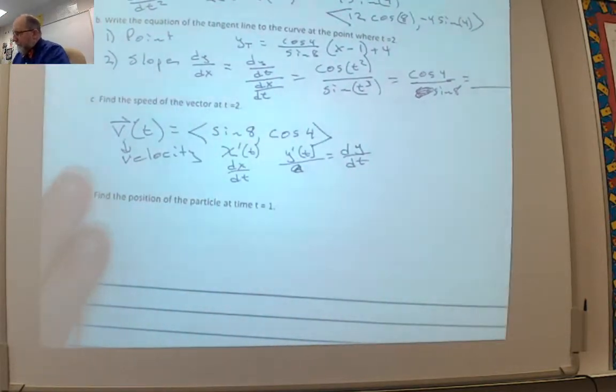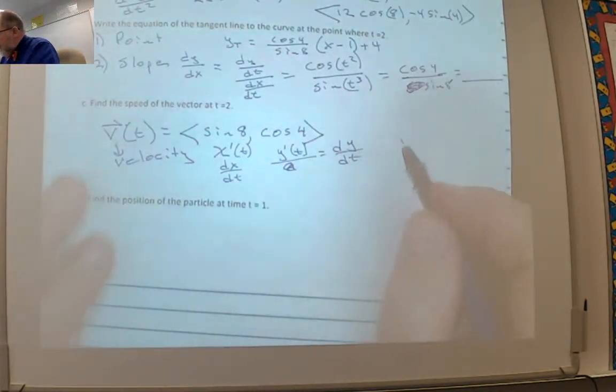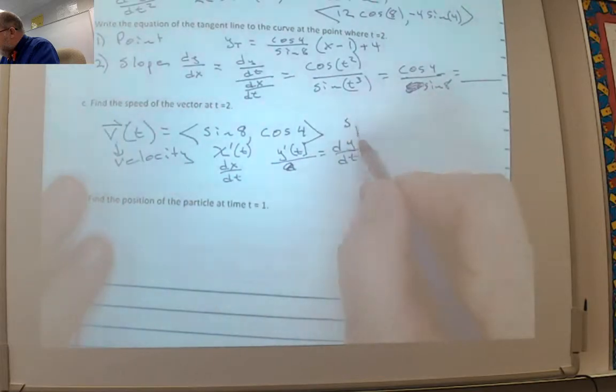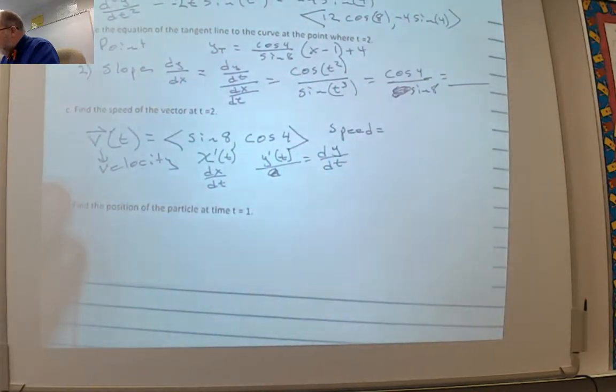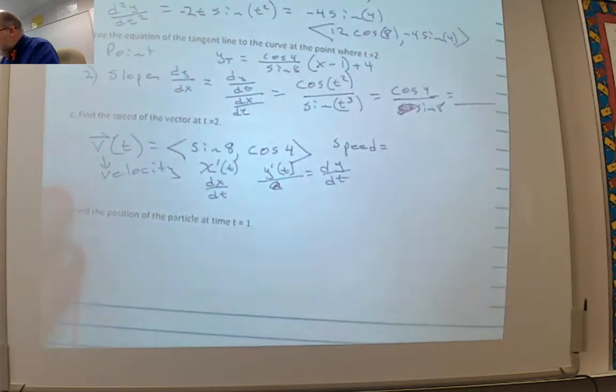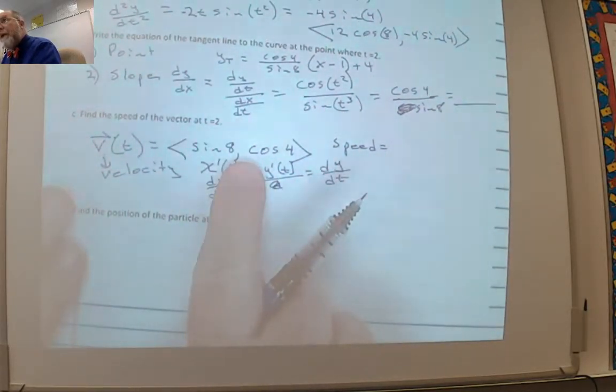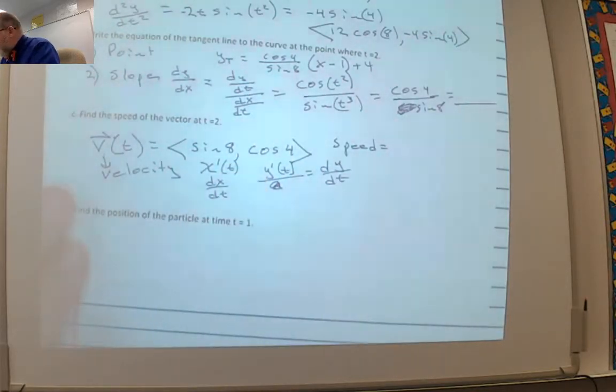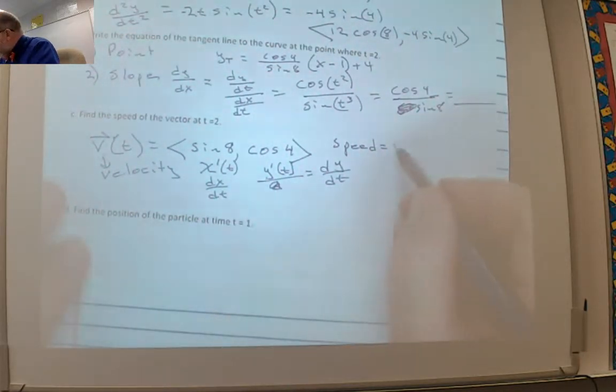So now, what's my speed? And Haley was right when she says, is it the same as the magnitude of this vector? It is. So how do I figure that out? It's the square root of what?